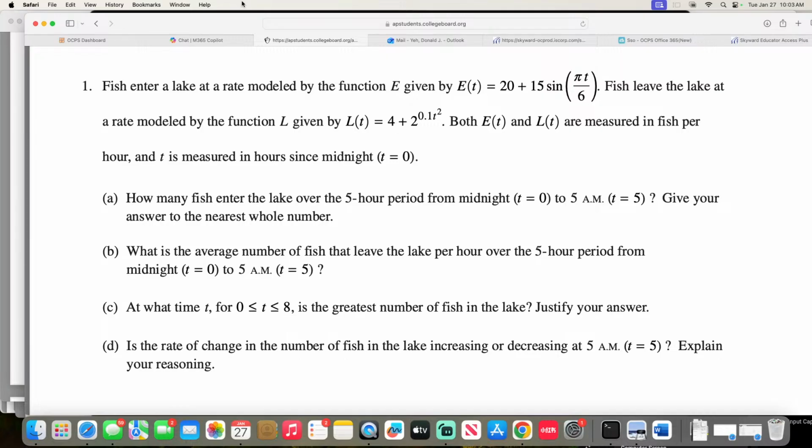Same idea, average velocity, 1 over b minus a.